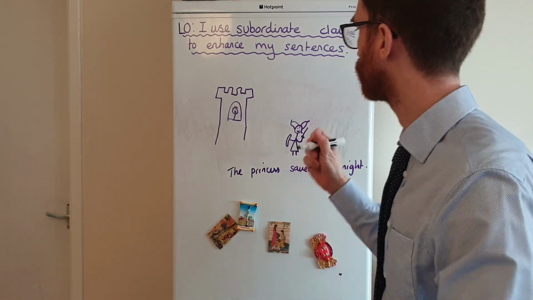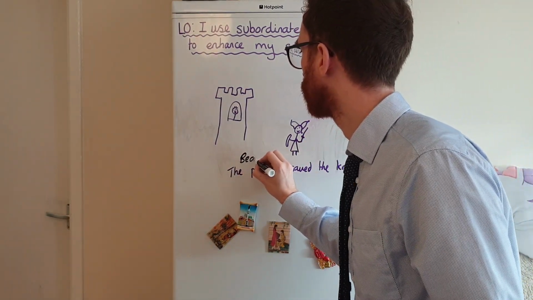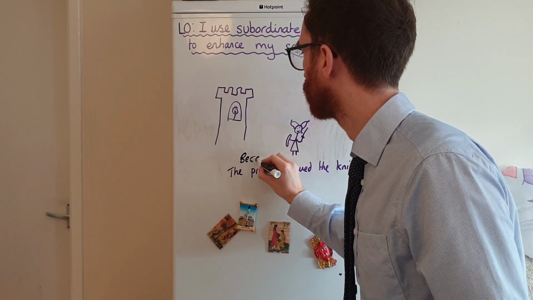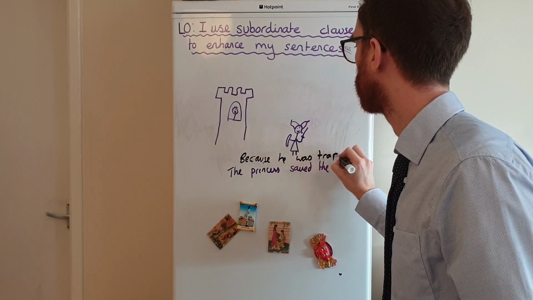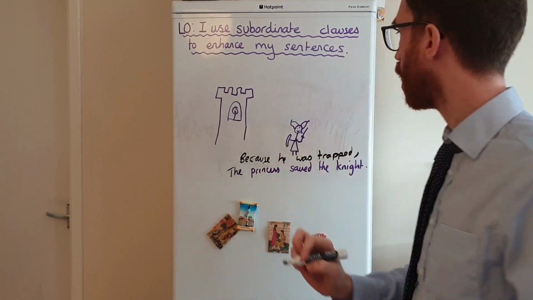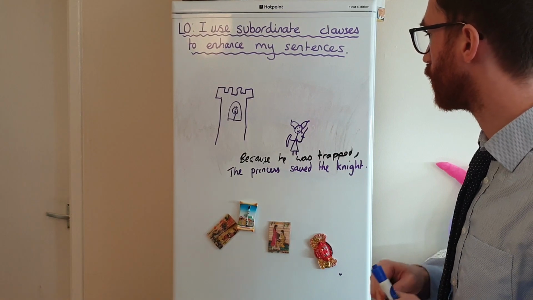Because he was trapped. Yeah. Because he was trapped, comma, remember if it goes at the beginning. Because he was trapped, the princess saved the knight.